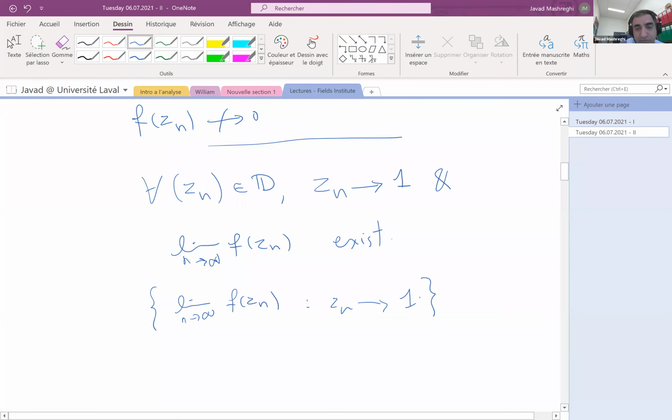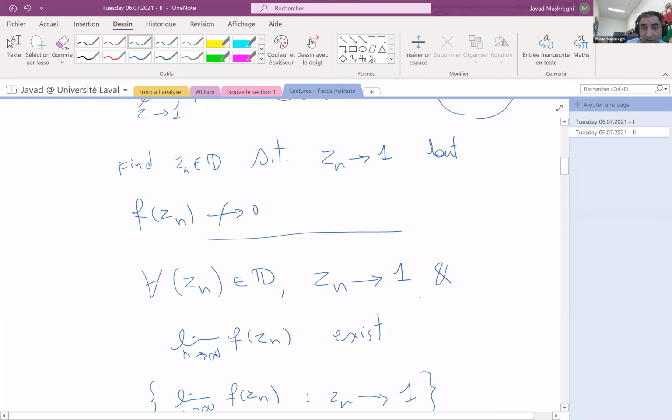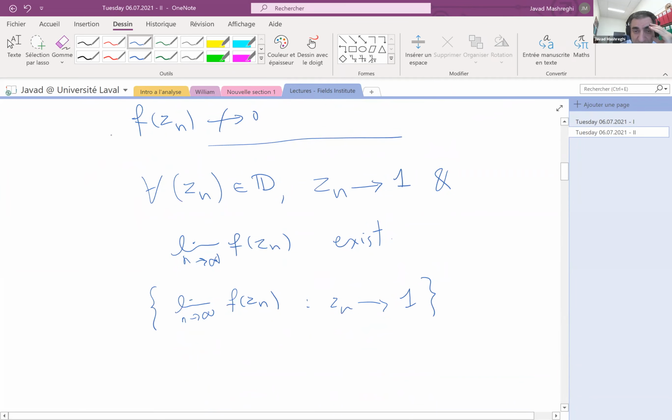I didn't write it properly; we have to assume that the limit exists, but you understand what I mean. So you collect all the possible accumulation points when you go toward the boundary. You know that 0 is there. Depending on the example I ask here, you may find some other points, but this is a more general question. What is all of them, if you put them all together? And it's interesting to know that you can approach pretty much everything.